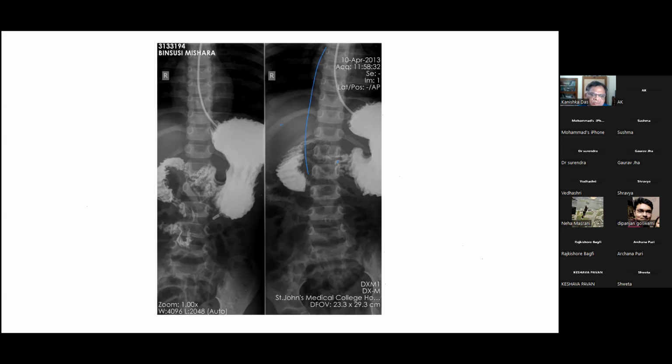So this is through the Ryle's tube it has been given to the child. Yeah, you can see that tube there. Okay, yes, sir. So it goes in favor of malrotation, sir. Why? Because the DJ is to the right of the spine. Yeah, it's almost on and to the right of the spine. Okay, fine.